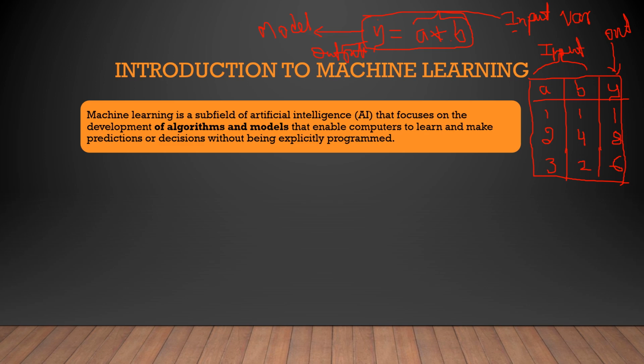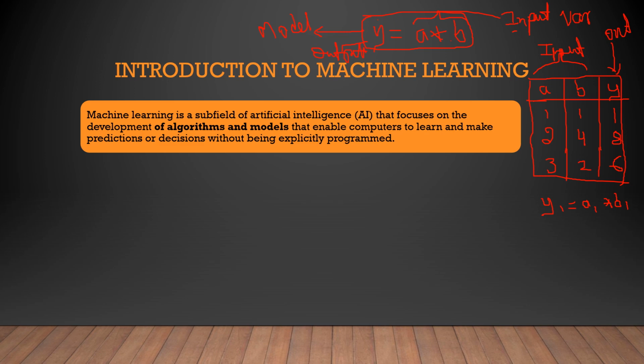Okay, so the machine interprets this: for this value of y, what calculations need to be done with the help of a and b to get this value of y, in this case 1. So 1 into 1 will become 1. So y1 is equal to a1 into b1.